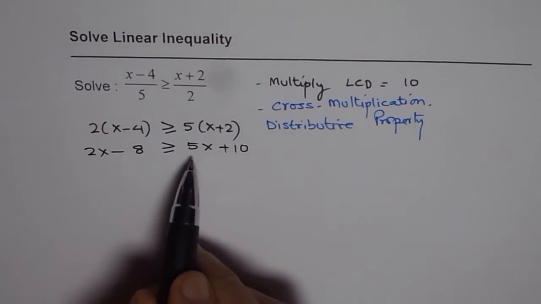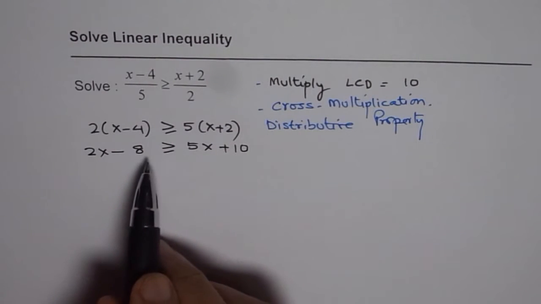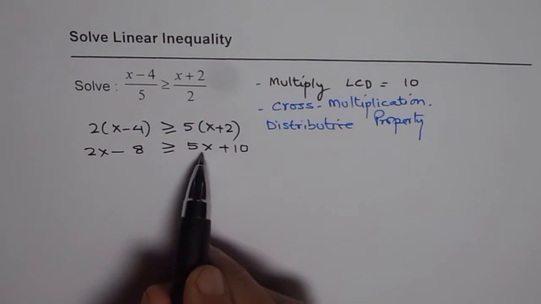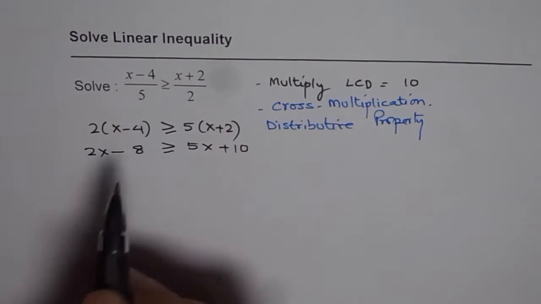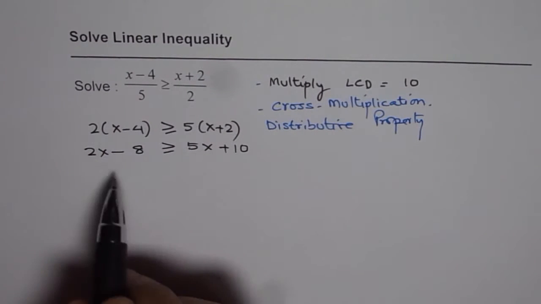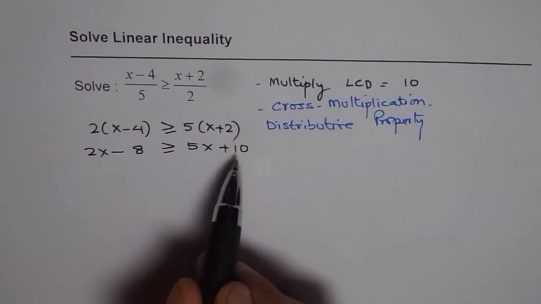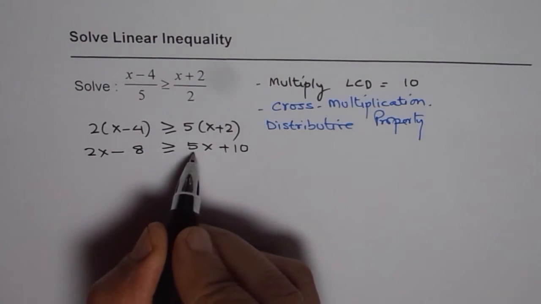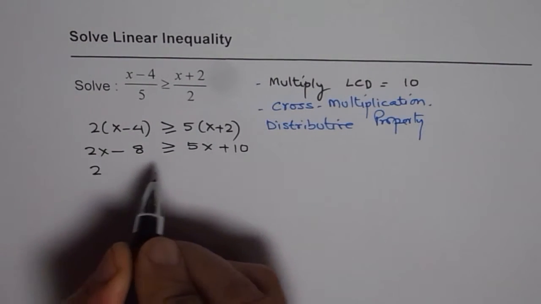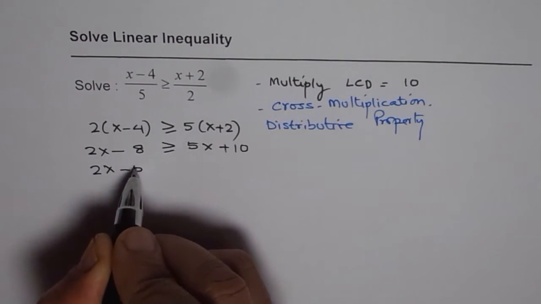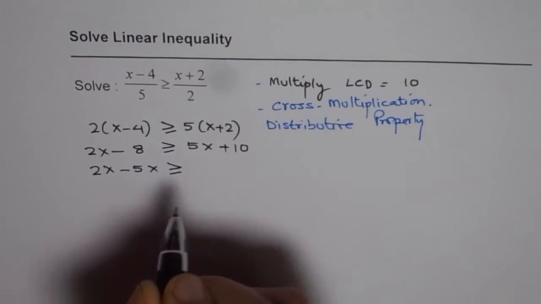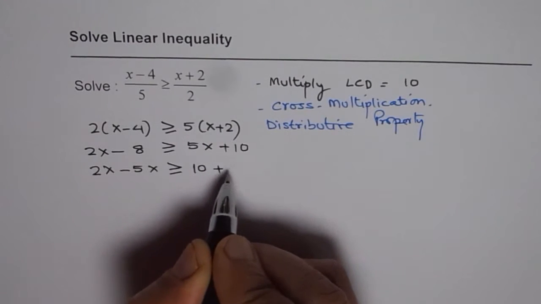We have variables on both the sides. We need to solve for the variable, so we have to bring them to one side and the constants to the other. So we can add 8 on both sides and subtract 5x. So if we rearrange, we get 2x minus 5x is greater than or equal to 10 plus 8.